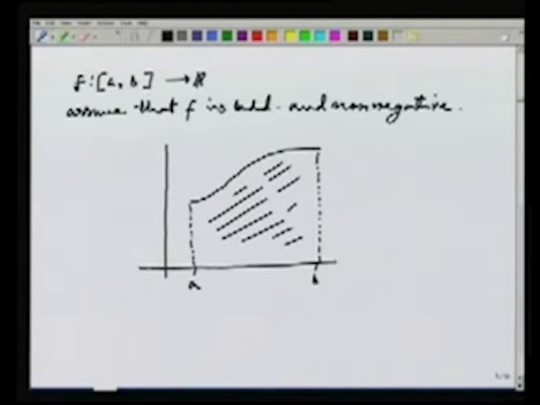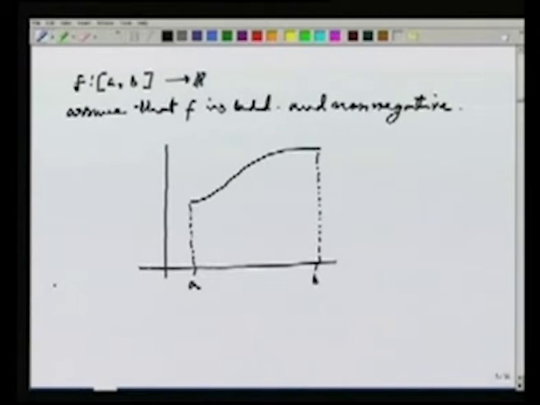Now notice that it has not been predefined, but as in the disk case, if we follow our intuition, sometimes area comes out, so we try to do exactly the same thing here. Okay, so for that I need certain things to define first. First I define something called partition.